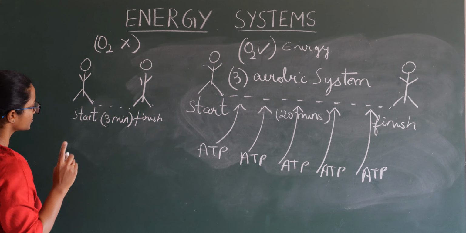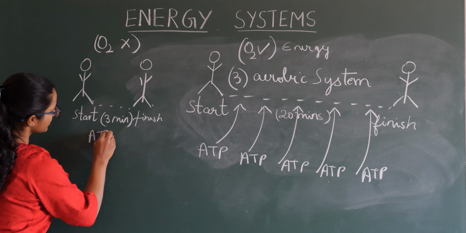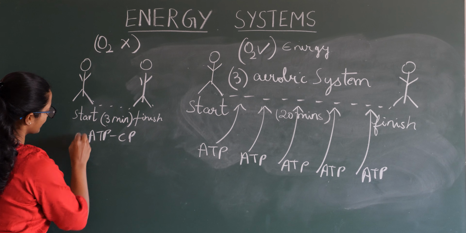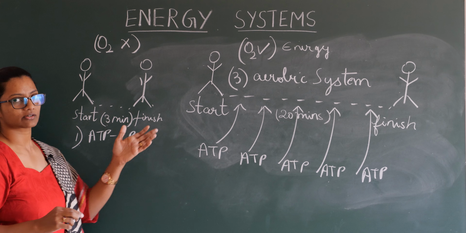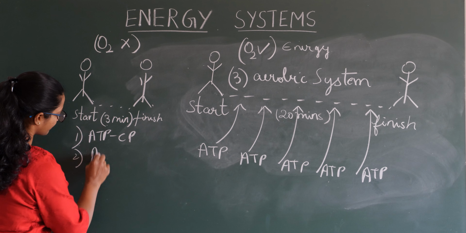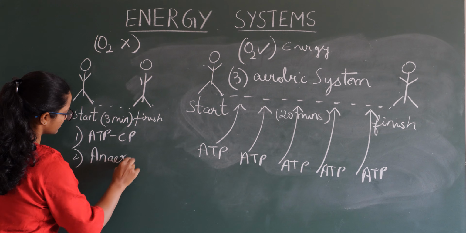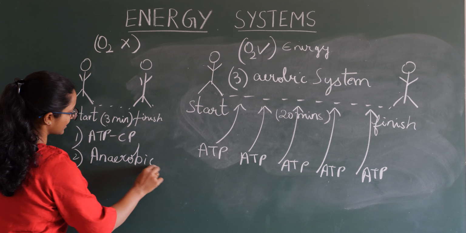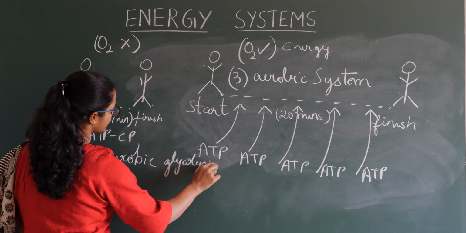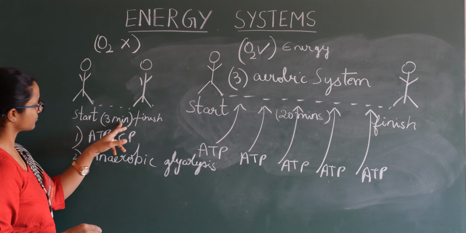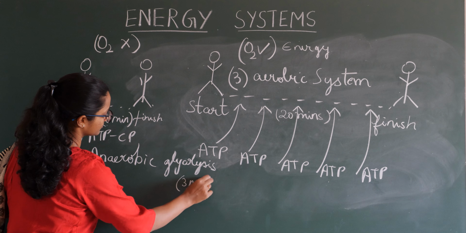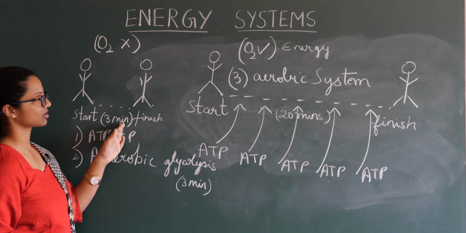So body used ATP-CP or the phosphagen system for the first few seconds, 10 to 12 seconds. After that, body used the anaerobic glycolysis energy system, which lasted for around 3 minutes, and then the person stopped the activity.